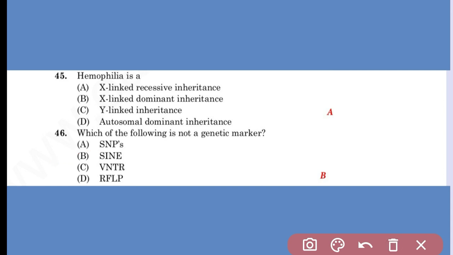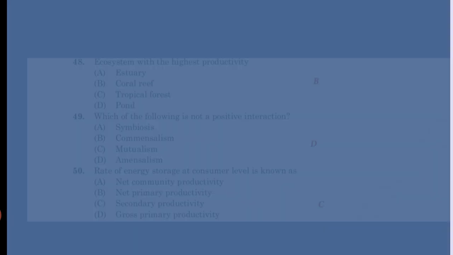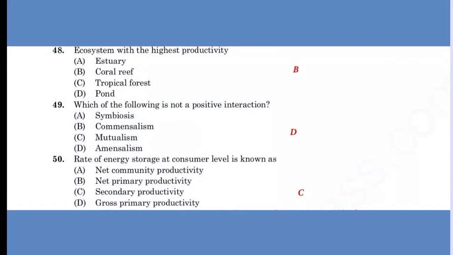So option B is the answer. So next question: ecosystem with highest productivity. In a terrestrial ecosystem, tropical rainforest shows the highest productivity, and in an aquatic ecosystem, the coral reef shows the highest productivity. So option B is the answer.